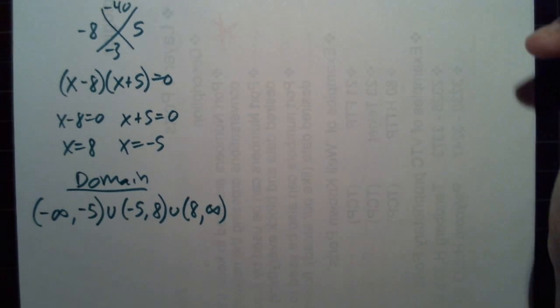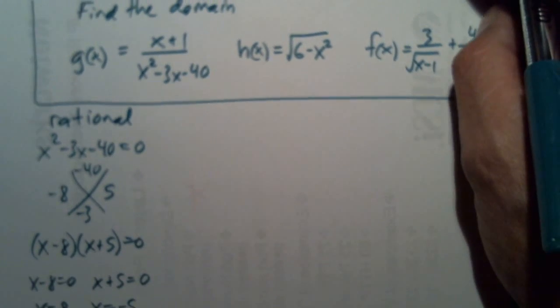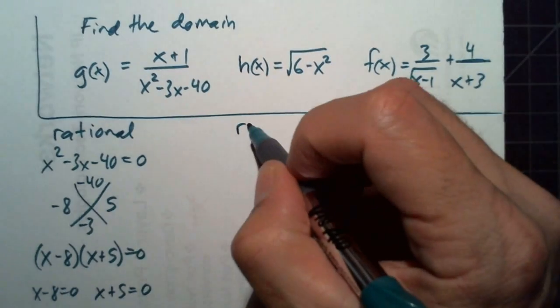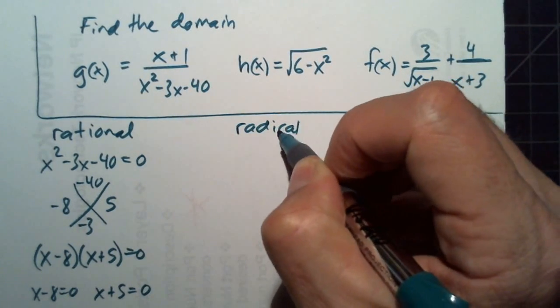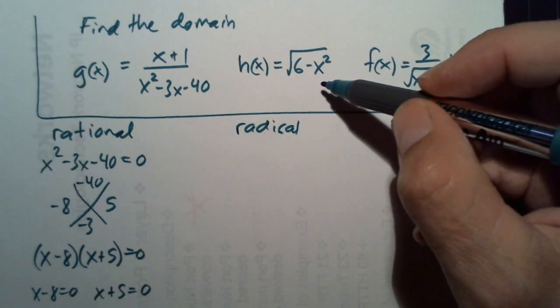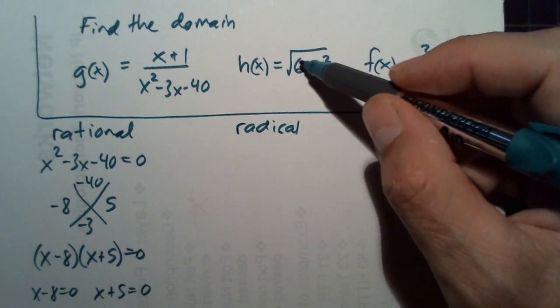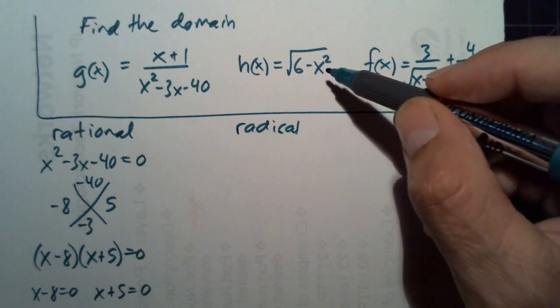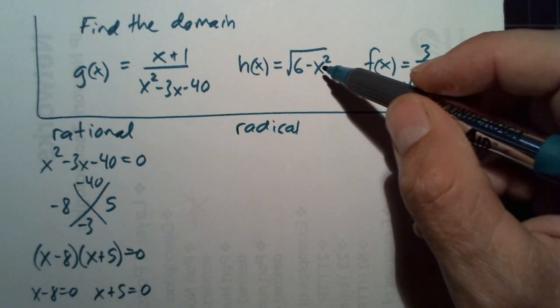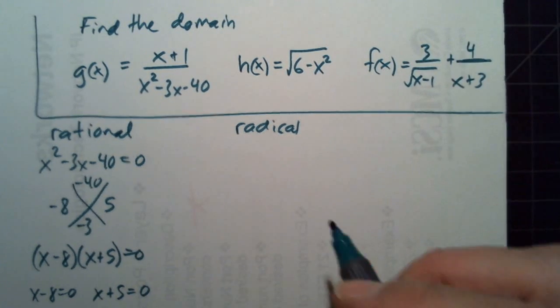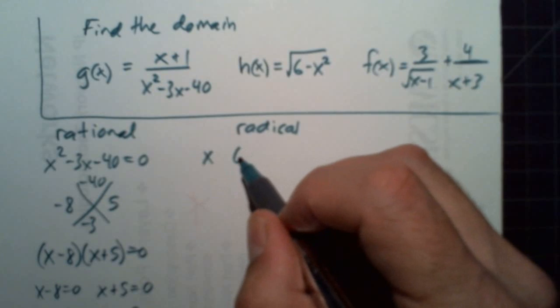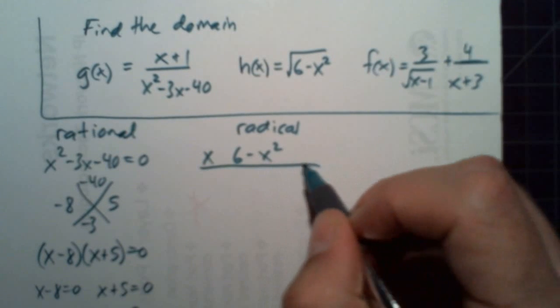All right, the next one, we have a radical function. So when you identify it as radical, now you're starting to focus on the strategy of finding out when the radicand is non-negative. So let's just look at some numbers here and get an idea of what's happening.